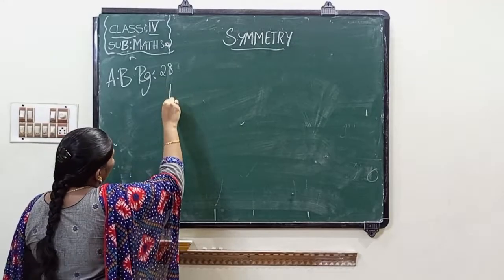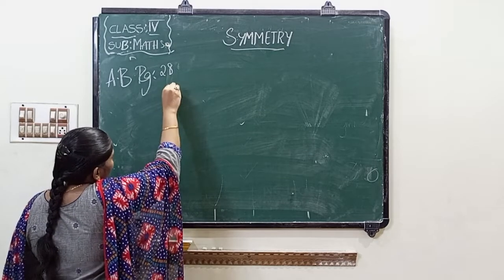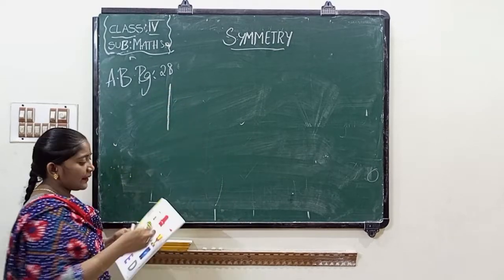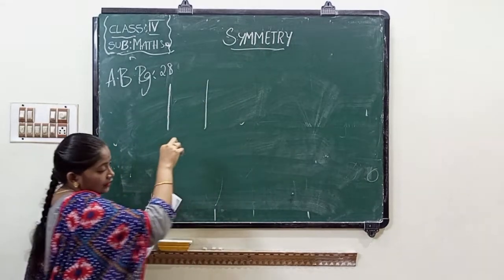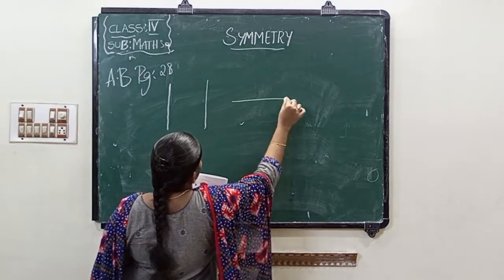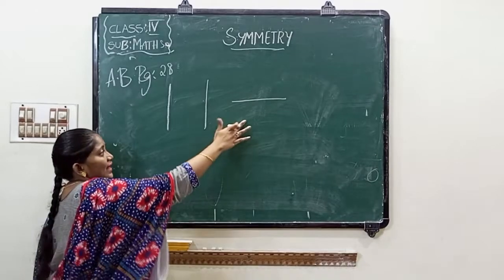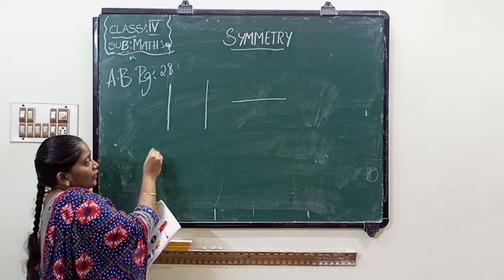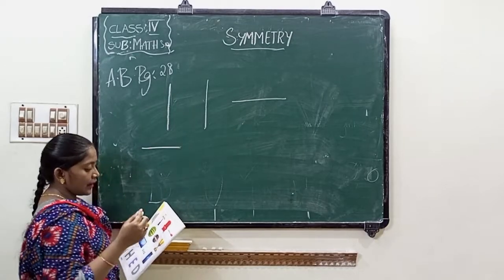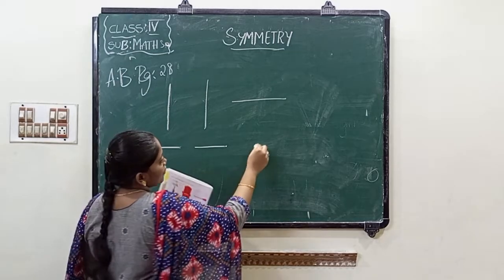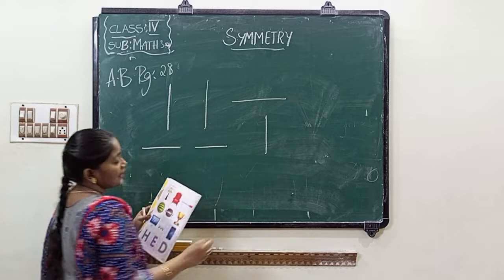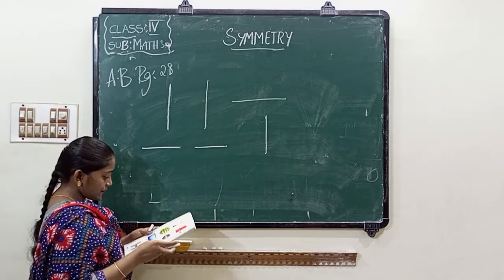We can draw a perpendicular line of symmetry. For this chair also, perpendicular line. For a row, it's a parallel line. It's a parallel symmetry. Watermelon, parallel. Rugby ball, parallel. Trophy, perpendicular.